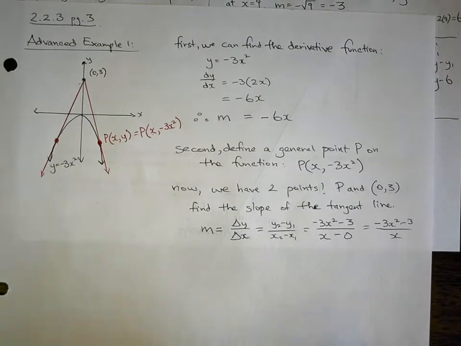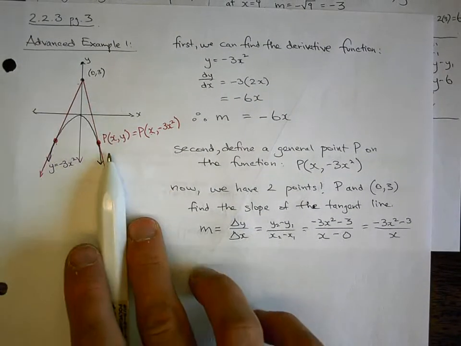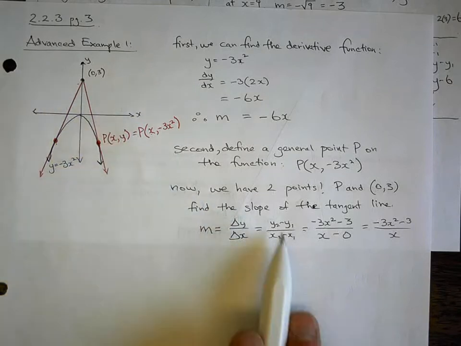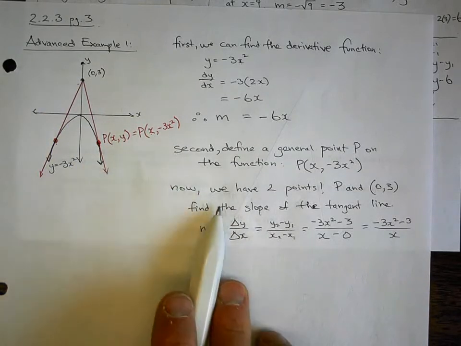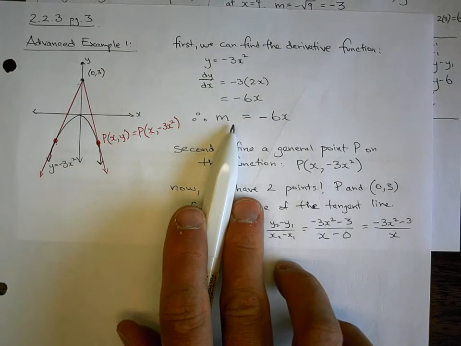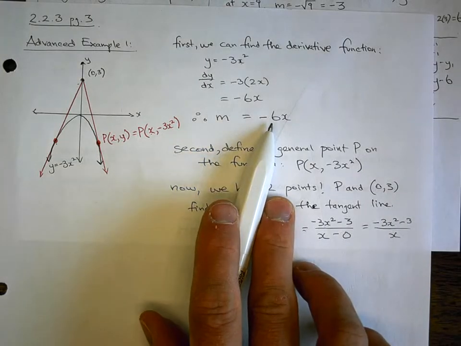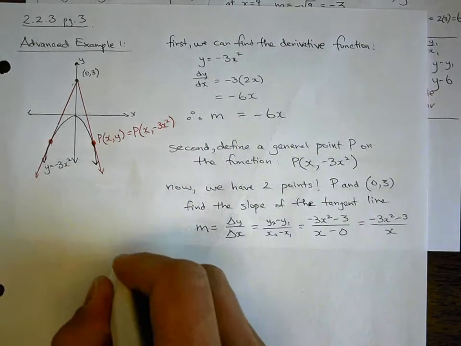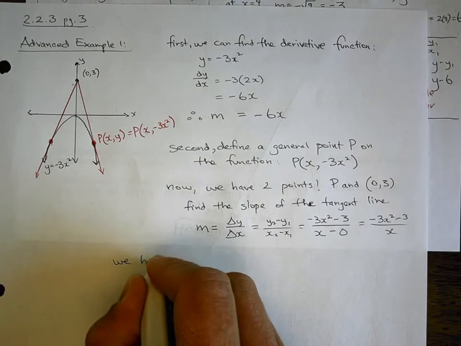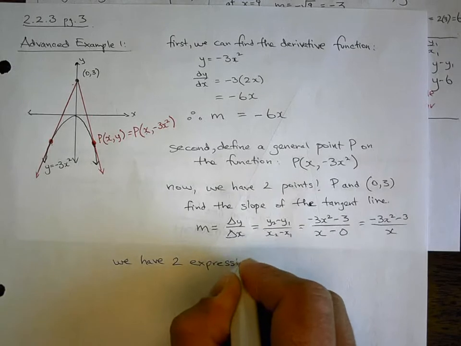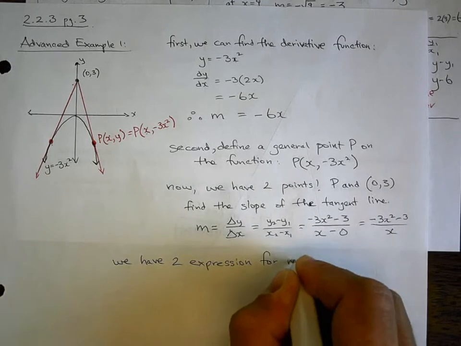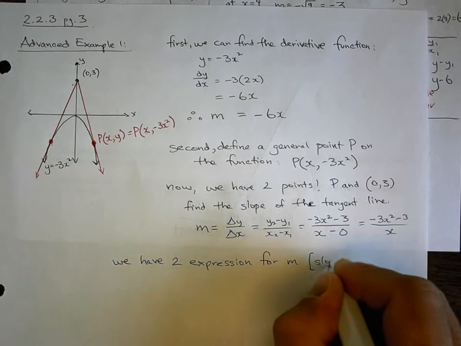Okay, so I have these 2 points. I've used the 2 points to find the slope. So now I have the slope of the tangent line. And I also have the slope of the tangent line, which I've already found. So we have 2 expressions for m, which is the slope of the tangent.